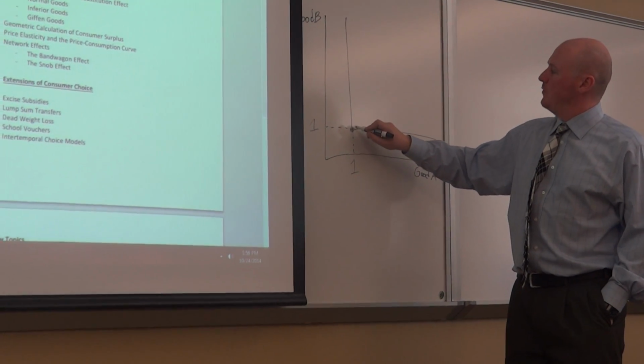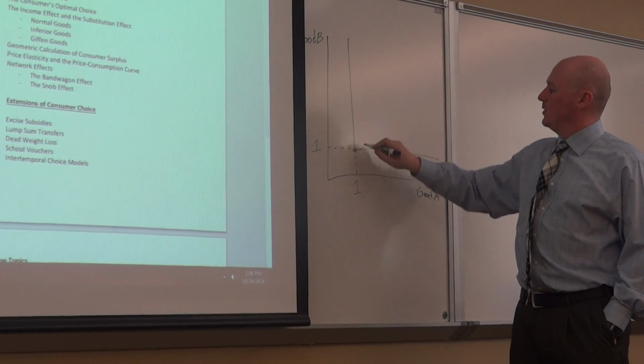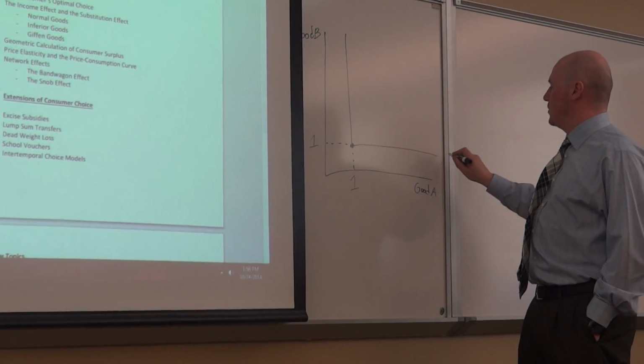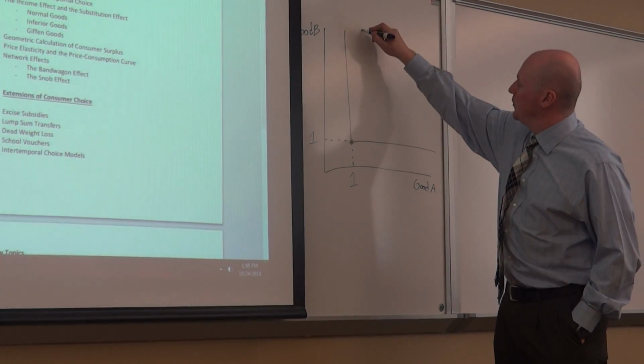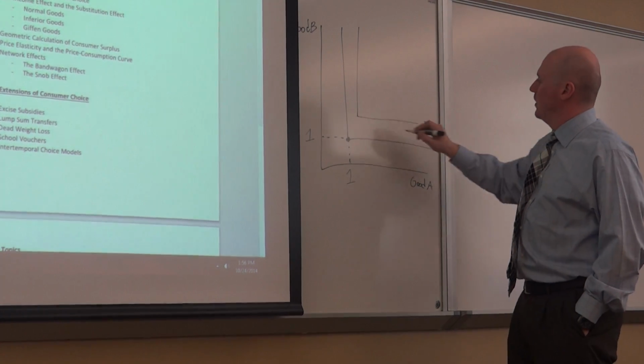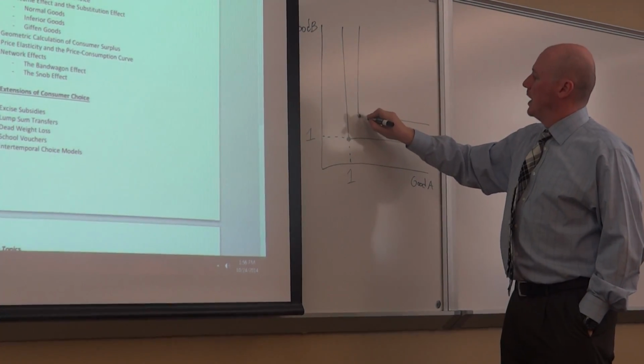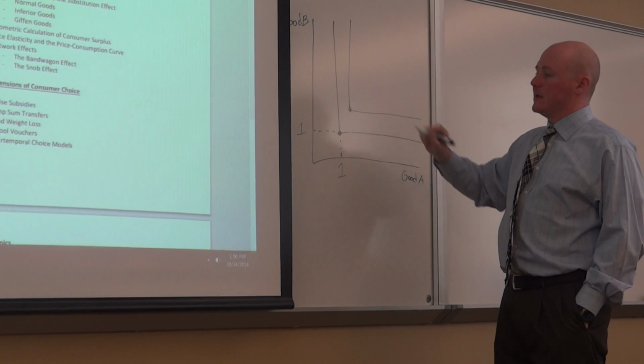If I get any more of good B, I don't get any happier. If I get any more of good A, I don't get any happier. I can only move to a higher indifference curve if I get one more of each.